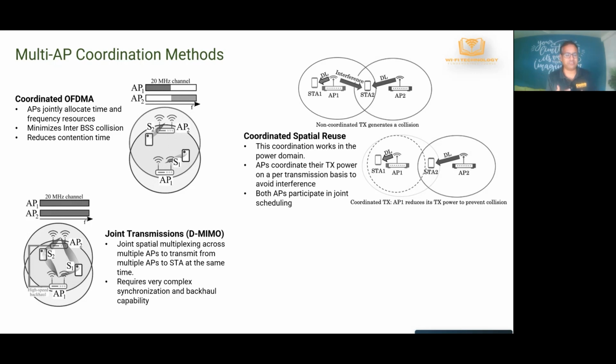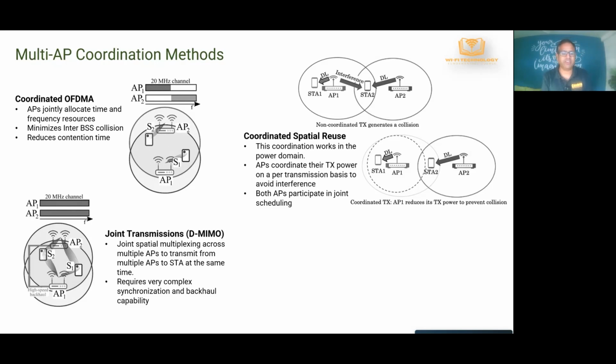So again, when you're doing channel sounding and trying to figure out the beamforming patterns, previously you were doing it only across the AP and all the stations in the cell. Now you're doing it across APs also, right? In real time, right? That's what makes it very complicated.